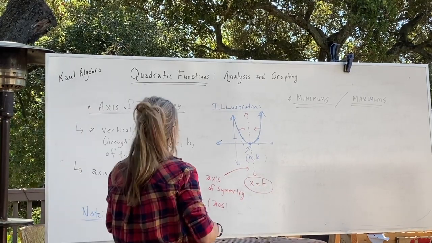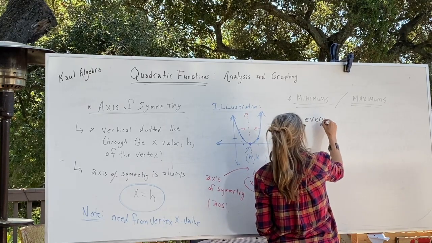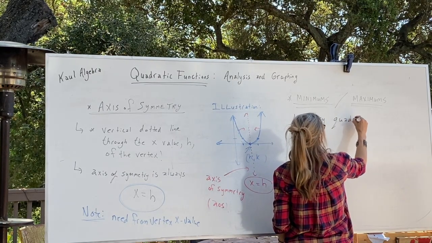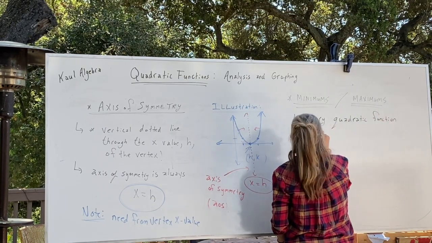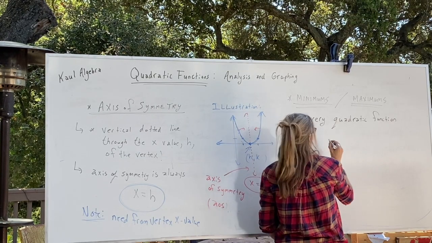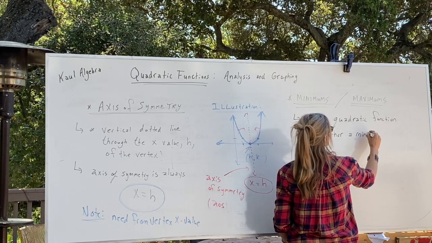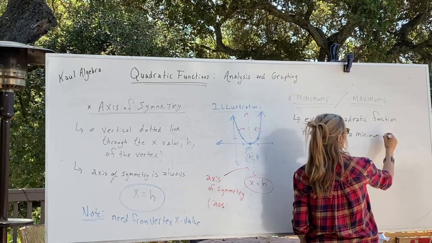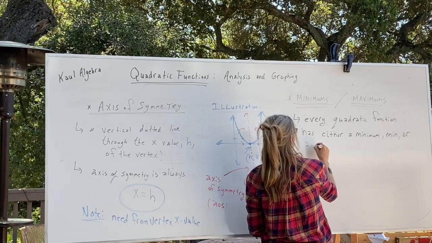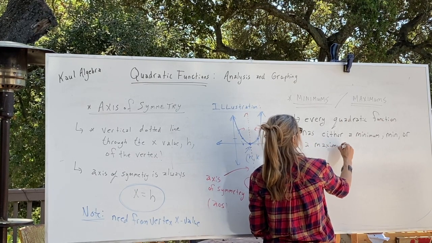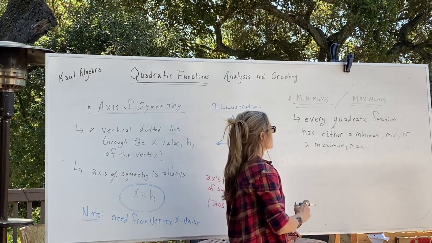So minimums and maximums, every quadratic function has either a minimum, which we're going to denote by min, or a maximum, max. Okay. You're going to have one or the other, but not both.